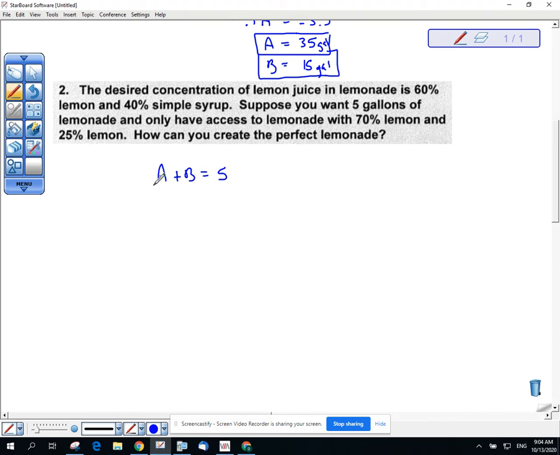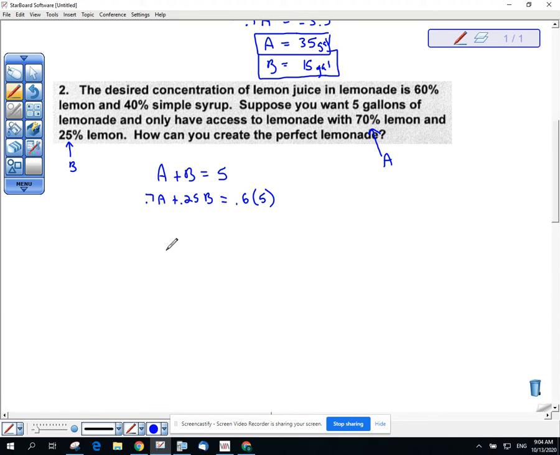Then turning the percentages to decimals, you'll have 0.7A plus 0.25B, and you want it equal to 60% of the 5 gallons, 0.6 times 5, okay?